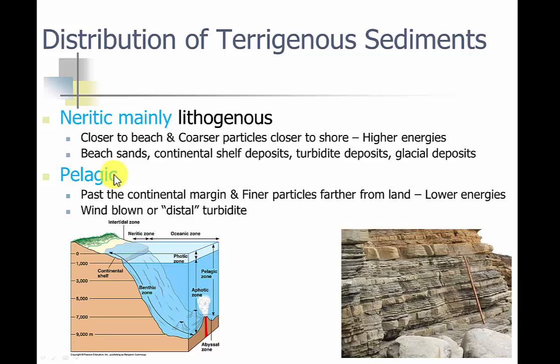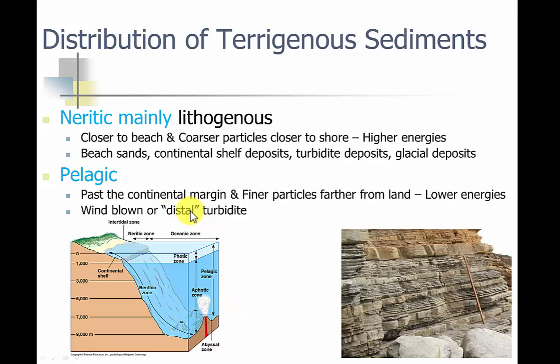We also have what are called pelagic. Pelagic actually happens in deeper water, so farther away from continental margins. You do get finer particles because it's farther from land. The coarser ones fell out first, all because of lower energies. But you also get that wind-blown or distal turbidites. Turbidites actually are showing you material falling down.